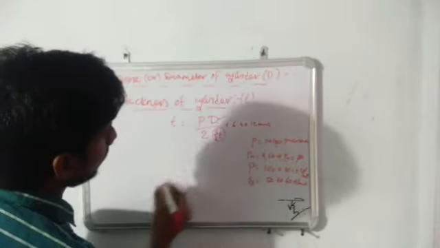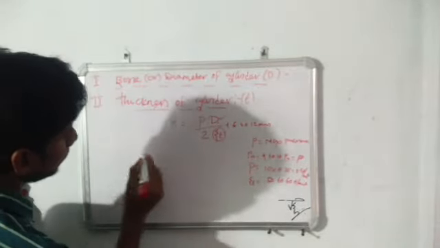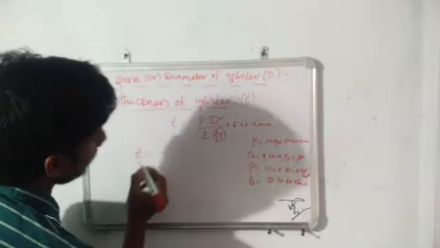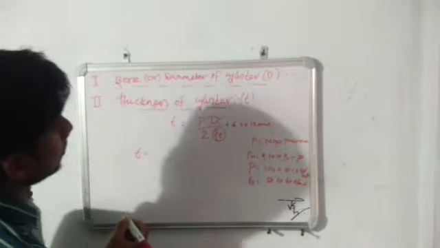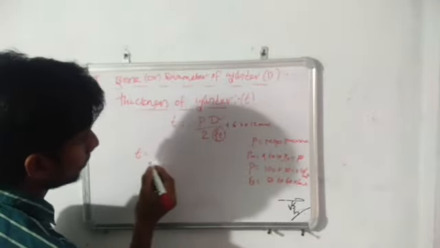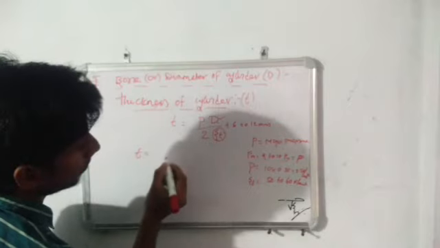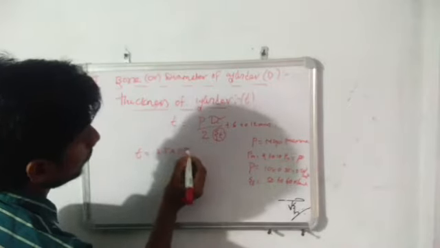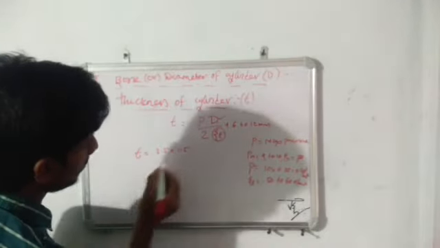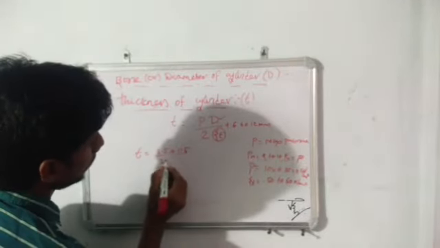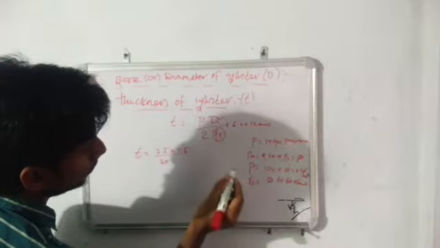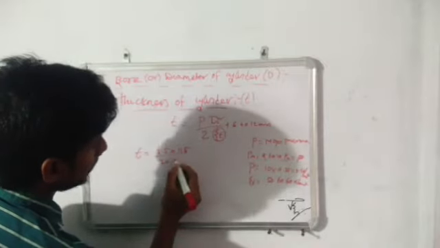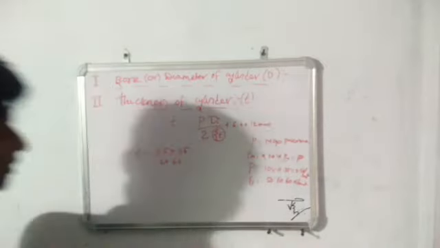By substituting all these values, we get the thickness of the engine cylinder. That is equal to 3.5 into 115, that is the diameter of the cylinder, whole divided by 2 into, I would like to consider the maximum condition, so 60.